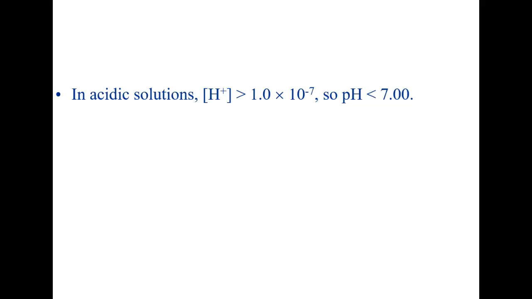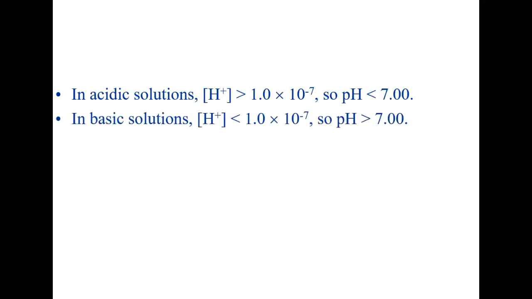So in acid solutions, we have a greater hydrogen ion concentration. In basic solutions, you can say your hydroxide is greater than 1 times 10 to the negative 7th, or you can say your hydrogen ion concentration is less than 1.0 times 10 to the negative 7th. So for bases, our pH is greater than 7.